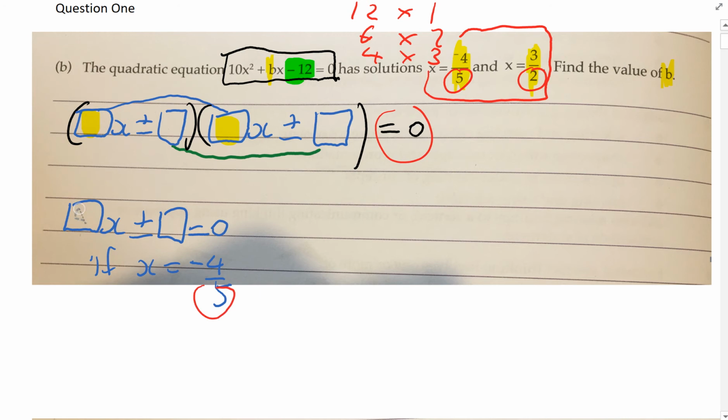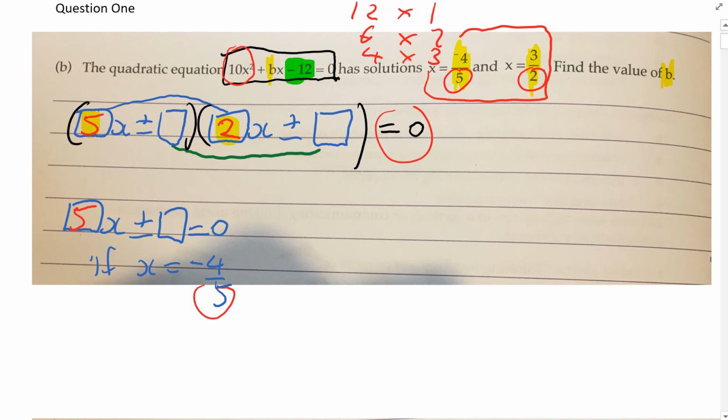So that's a 5x, and that means this number here must be 2x. Why? Because 5x times 2x equals 10x squared. Now if that's 5x plus or minus what equals 0.